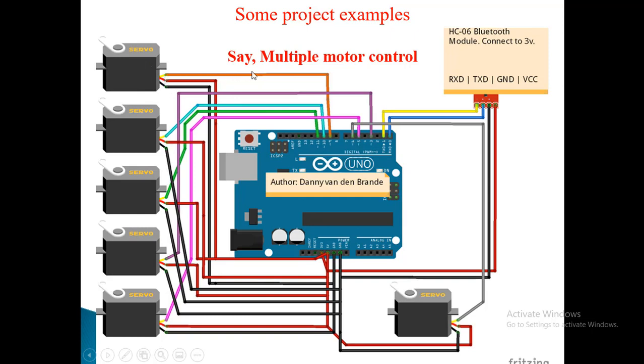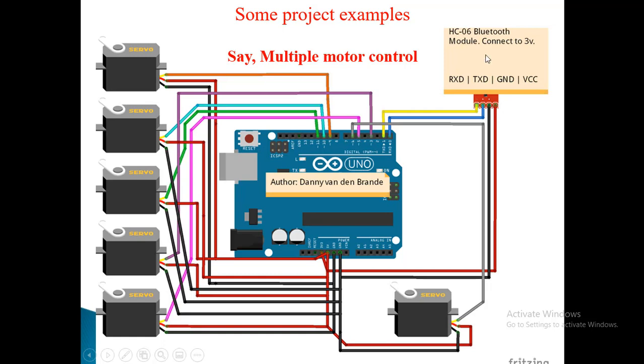So connect the power supply pin with 5 volt and the ground pin, the black pin, with the ground here. Then connect the control pin to digital pin 5 or 6 or 3. You can connect the control pin to Arduino digital pin 2, 3, 4, 5, 6, 7.